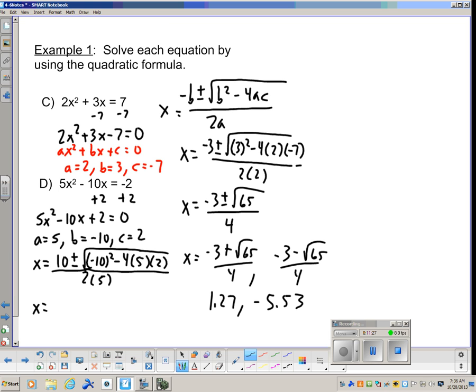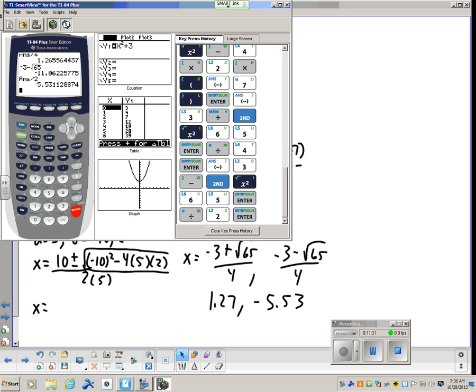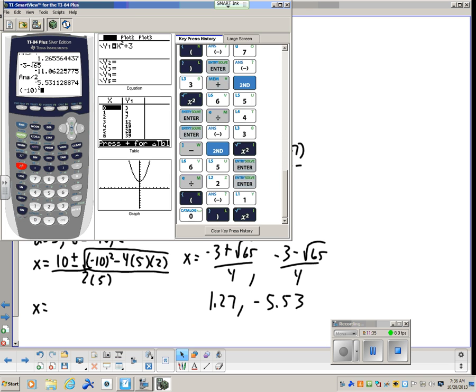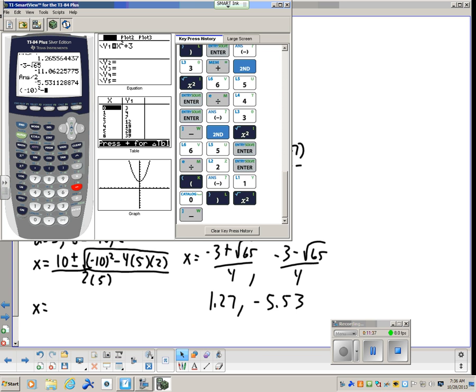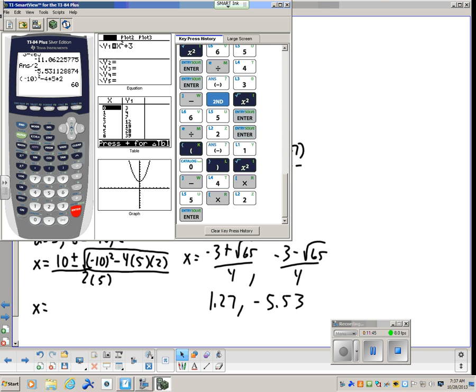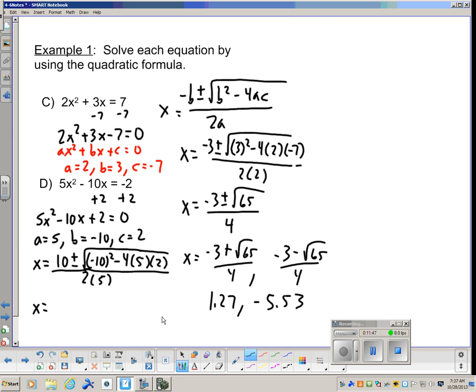So let's clean up what's underneath the square root there. I've got negative 10 squared minus 4 times 5 times 2, and I get 60. So 10 plus or minus the square root of 60 all divided by 10. So we've got two answers.